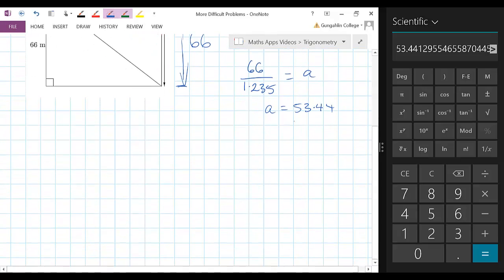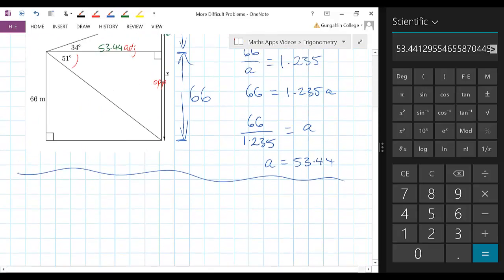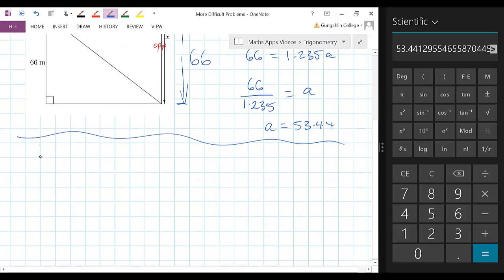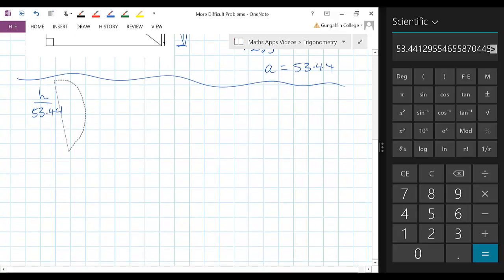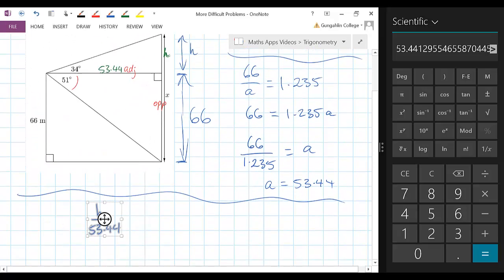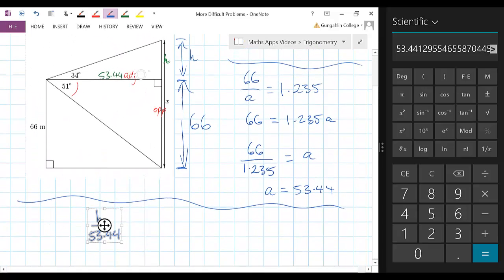So h on 53.44, and actually I'll move that over just a little bit because I want to have a bit of space on the left hand side. Working with tan, I said, so tan of 34 has to be equal to h on 53.44.